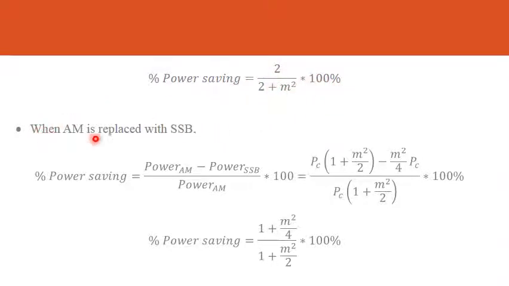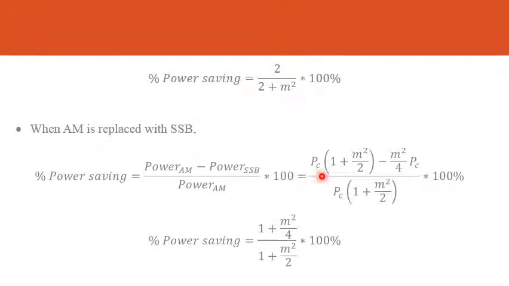When AM is replaced with single sideband, the percentage of power saving is equal to the total transmitted power in conventional AM minus the total transmitted power in the single sideband, divided by the total transmitted power used in the conventional AM, into 100.